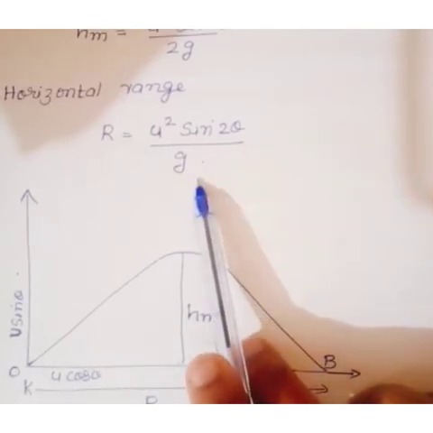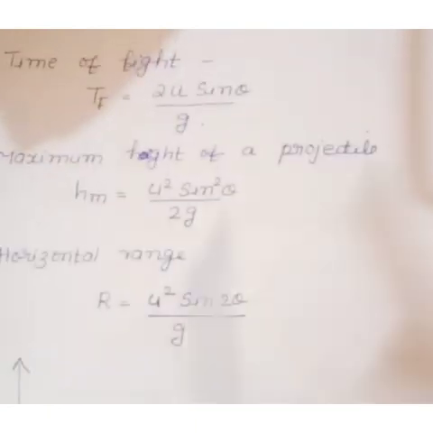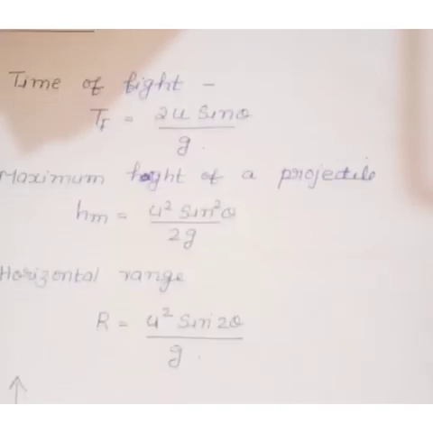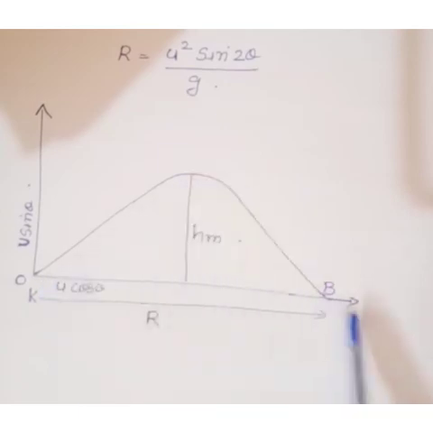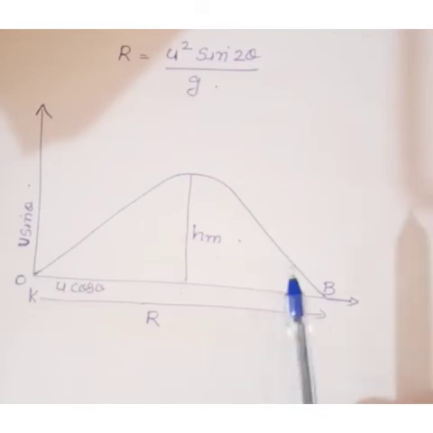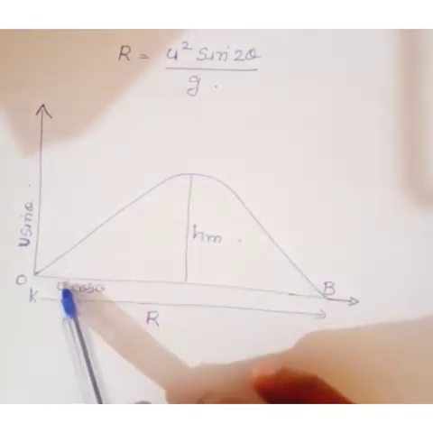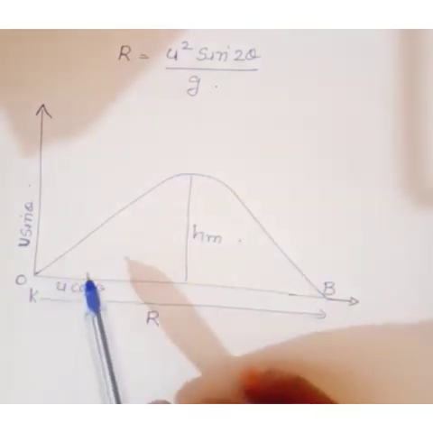You have to remember these three equations for solving the problems related with the projectiles. Also remember that the trajectory of the projectile is a parabola. And the range is maximum when this angle becomes 45 degree.